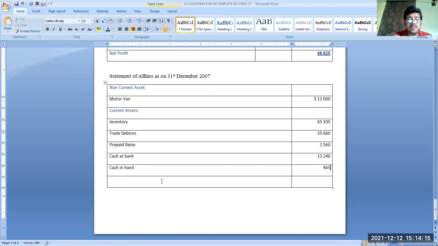Now we'll get the total assets over here. See how much total assets?